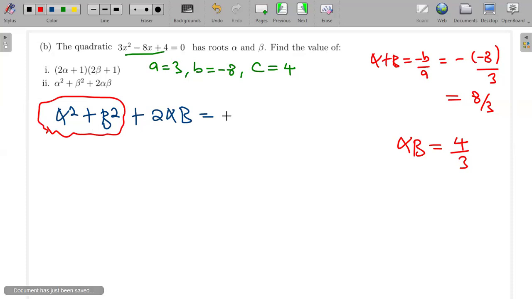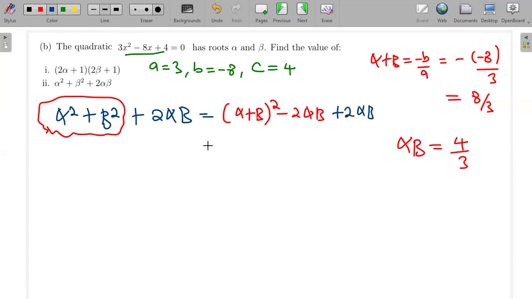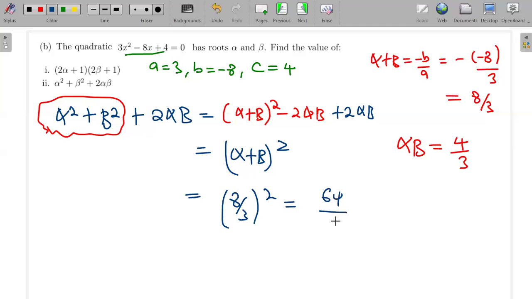The identity for that is simply alpha plus beta squared minus 2 alpha beta. And then we add what we have there, which is plus 2 alpha beta. So these guys are going to cancel out. So I just remain with alpha plus beta and then what? Squared. So alpha plus beta is 8 over 3. And then we square this, we're just going to get 64 over 9. Okay, so that's the answer there.